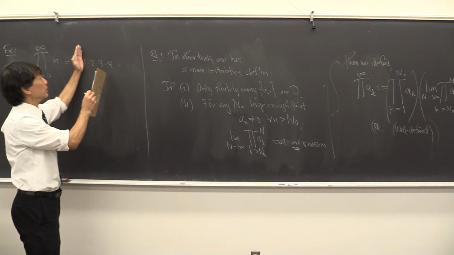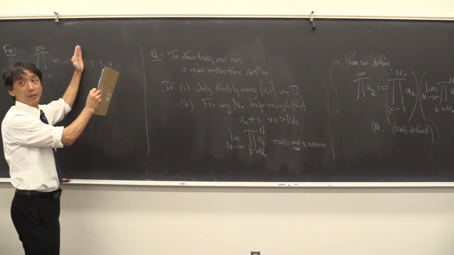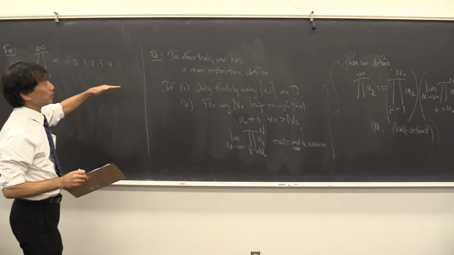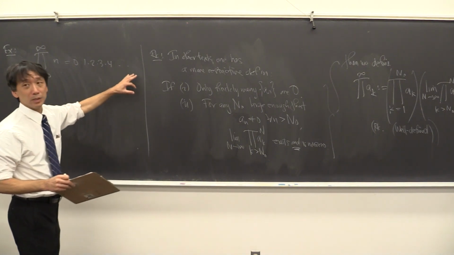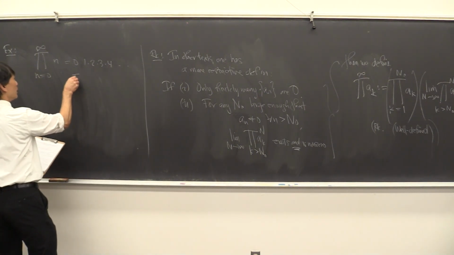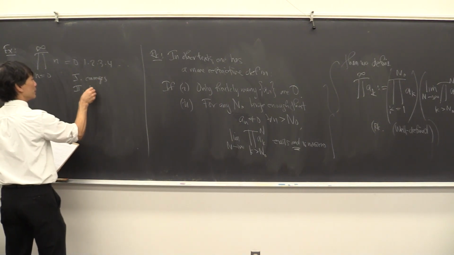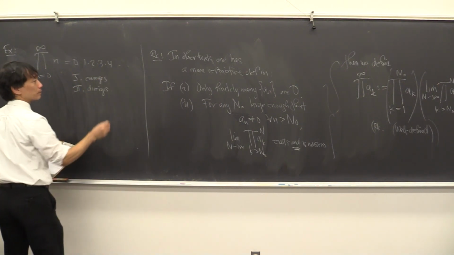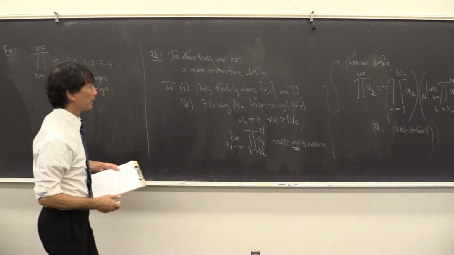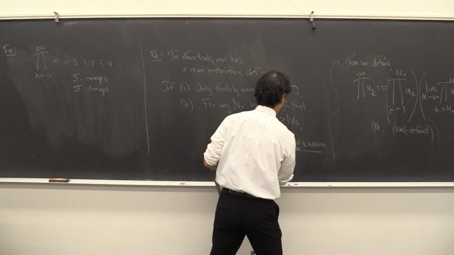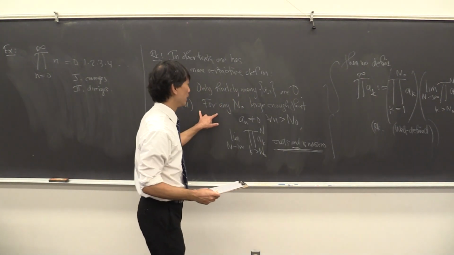This is n factorial, and as n goes to infinity, it goes to infinity. So in sense 1, it converges. In sense 2, it diverges, because of the second part.